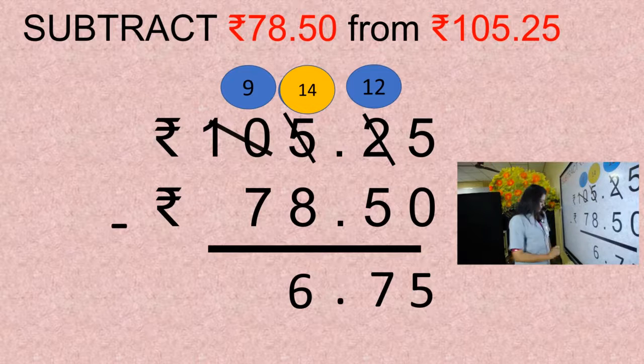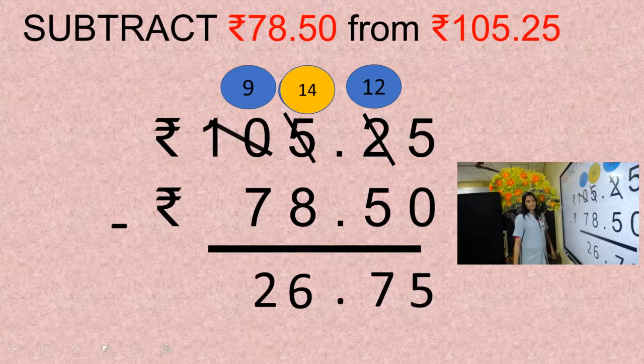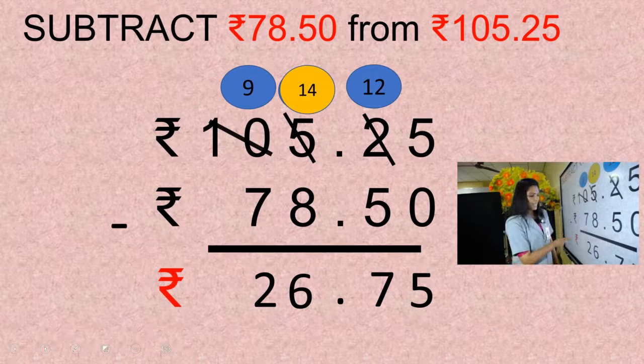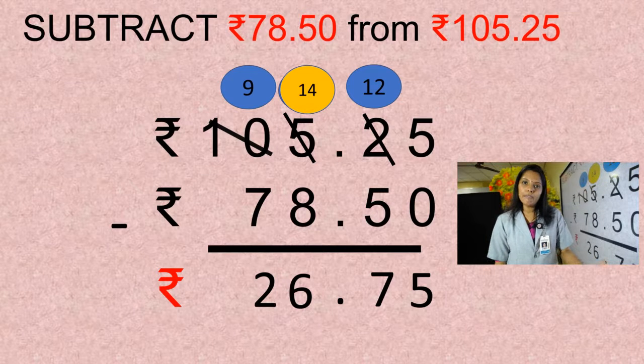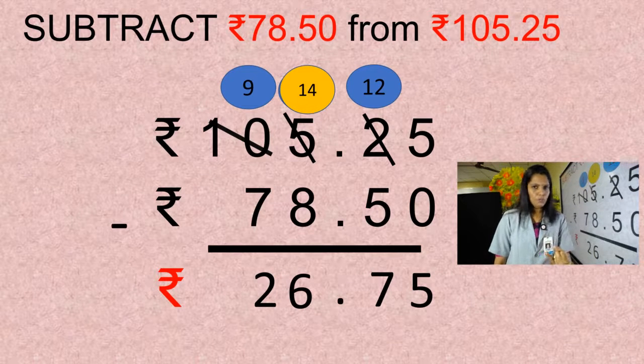How much? 2. So the answer, you cannot write like this and go. You have to write the symbol of rupees. This is the symbol of rupee. So, rupees 26 and 75 paise. I think you understood what is subtraction. Is it clear for you?